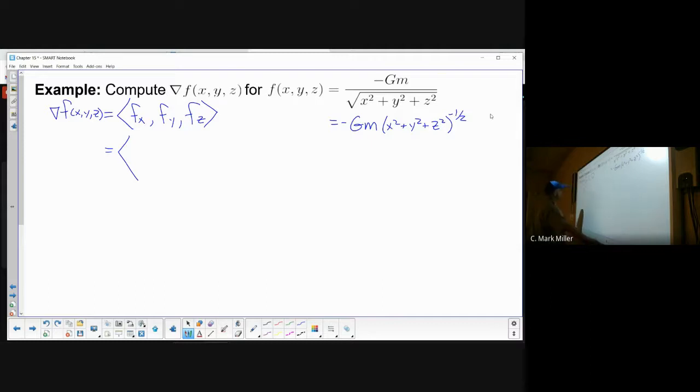And so the derivative of that with respect to x, the partial with respect to x, we're going to subtract 1 from the exponent and get minus 3/2. And the derivative of the inside with respect to x is 2x. It will pop out.